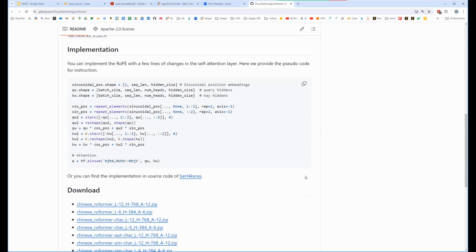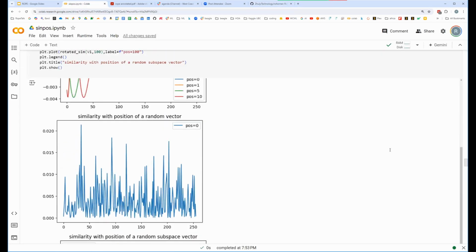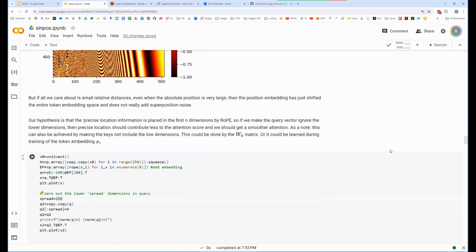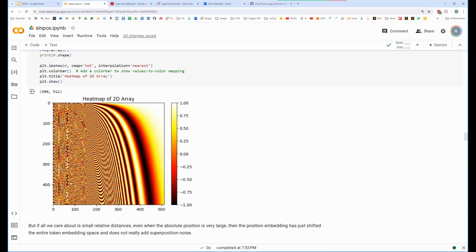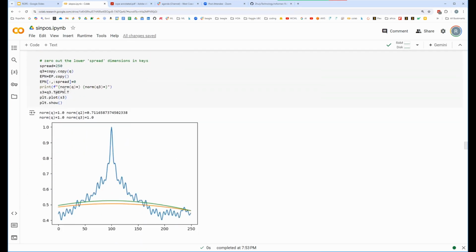I can see the difference being though that this positional encoding, especially as you go out farther, takes up a lot of, it overlaps a lot of your dimensions. The subspace of position encoding is fairly large. Like in order to get this smoothed out, I had to use 250 positions.